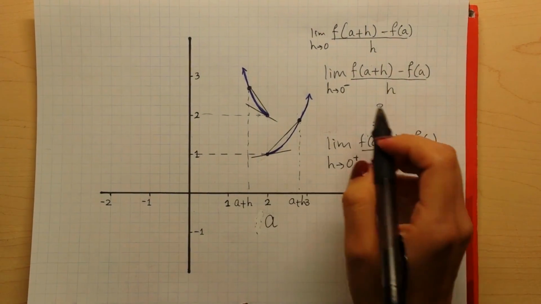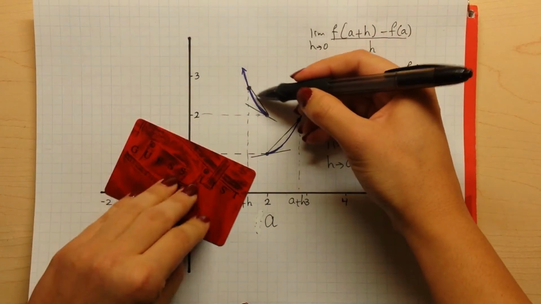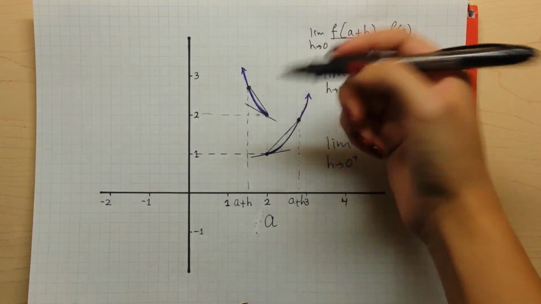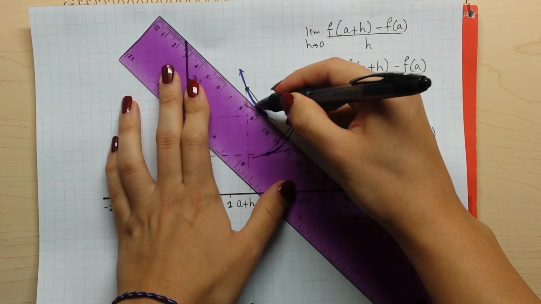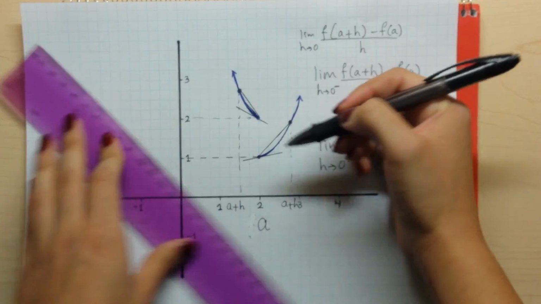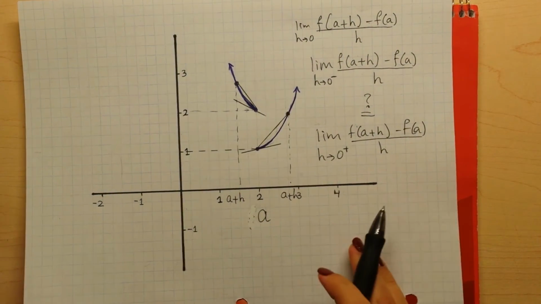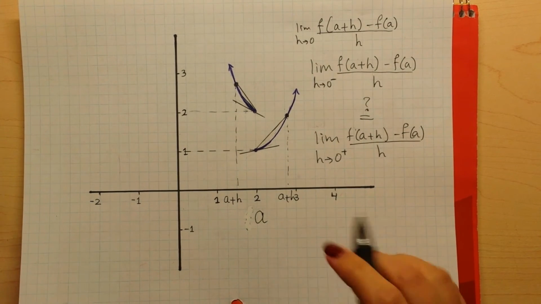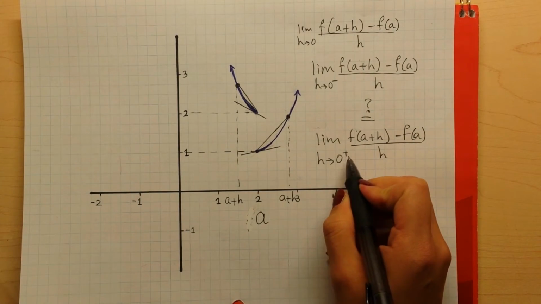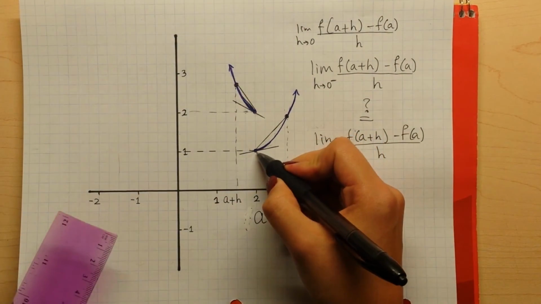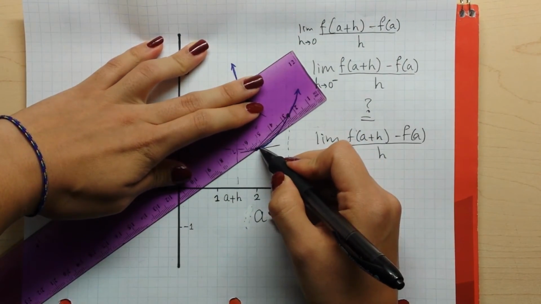If we consider h approaching from the left side, you can see that this secant line will approach this tangent line from the left side. And let's say there's some value for the slope of this tangent line. We're not doing calculations here, just looking at the graph. If h is approaching 0 from the right side, this secant line will approach this other tangent line.